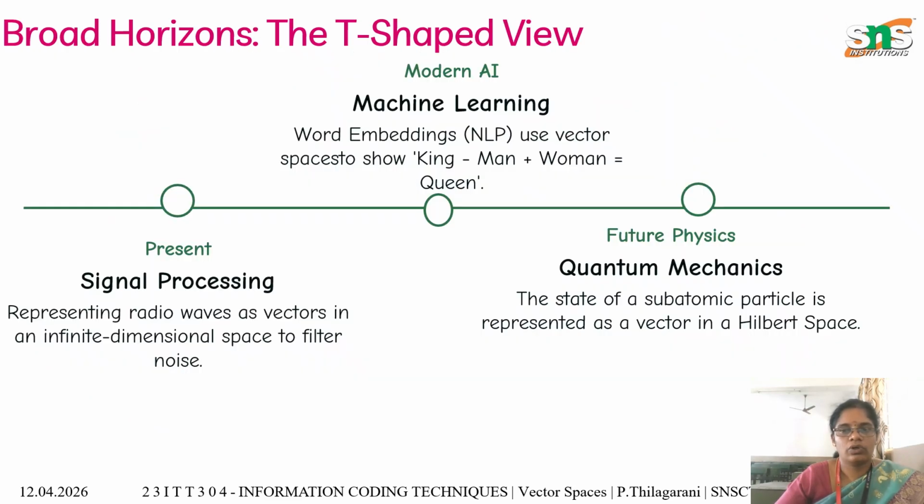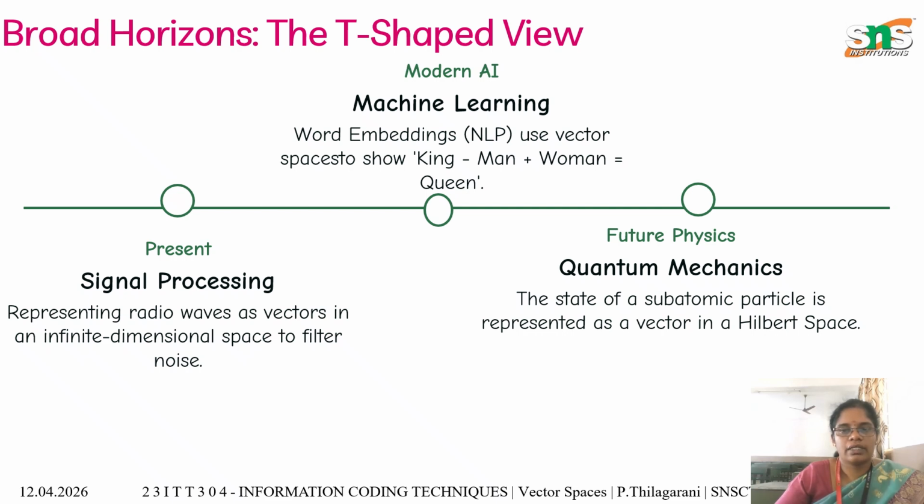Here are the present uses in modern AI and future physics. The present is signal processing, representing radio waves as vectors in an infinite dimensional space to filter noise. In modern AI, in machine learning, word embedding, that is NLP, natural language processing, uses vector space tropes.